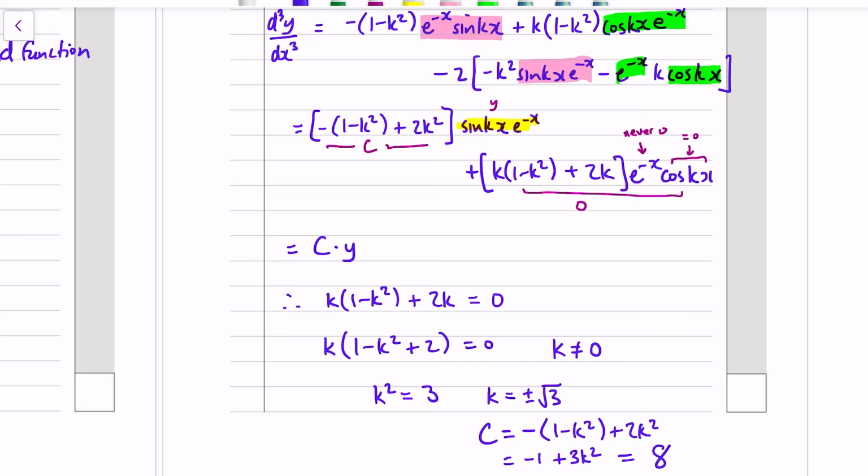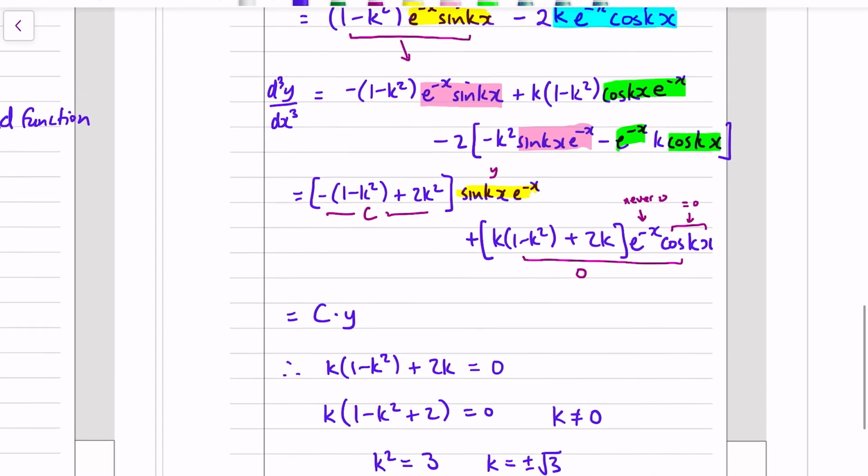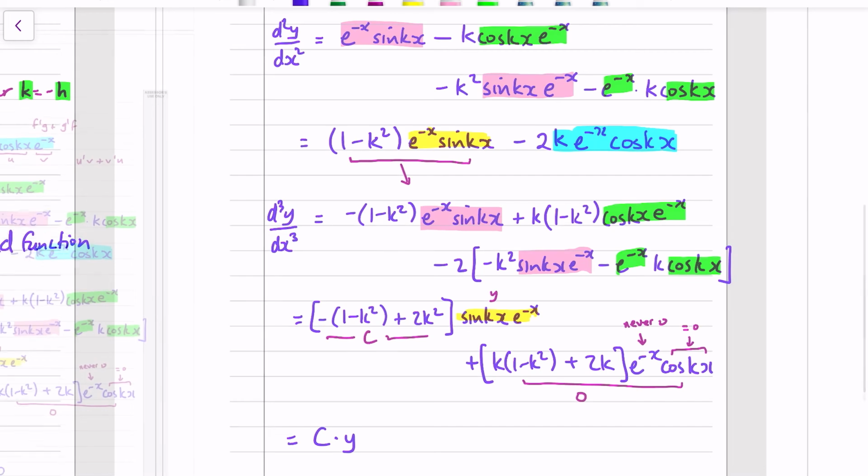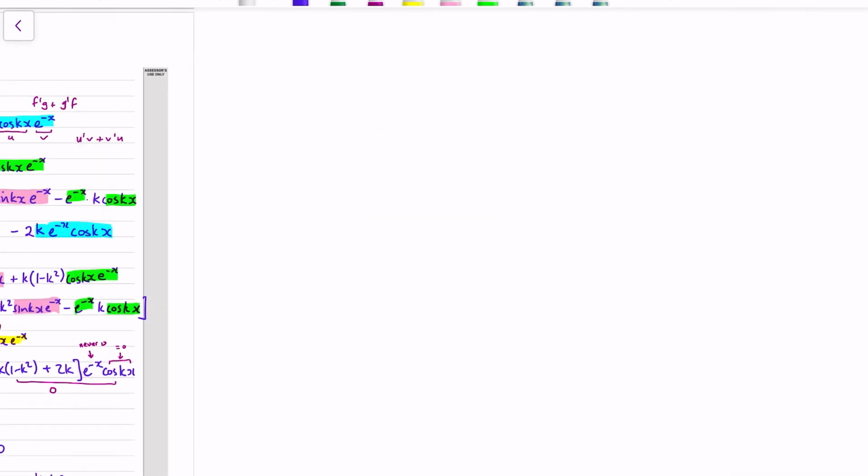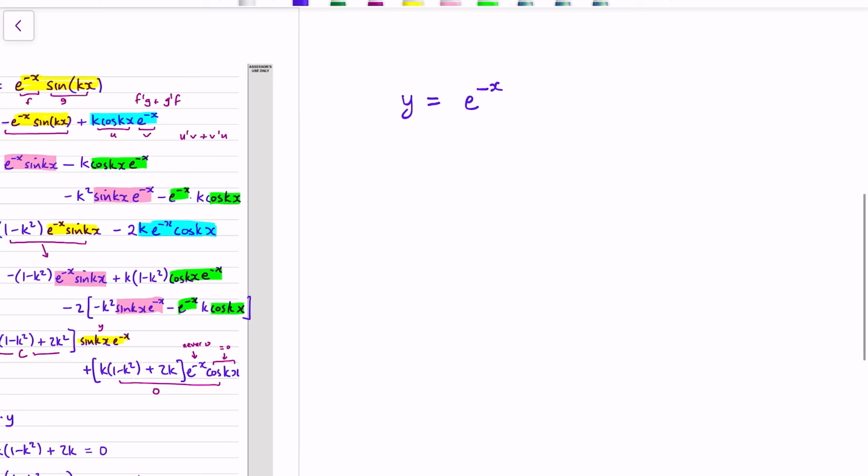Now for this last little bit of the video, I'm going to just explore using implicit differentiation to do this, so that we can use the repetitive nature of it without getting all these specific functions. Okay, a similar but different way of doing this problem is if we start off with y equals minus e to the minus x sine kx, and rather than use product rule, we could use logs.